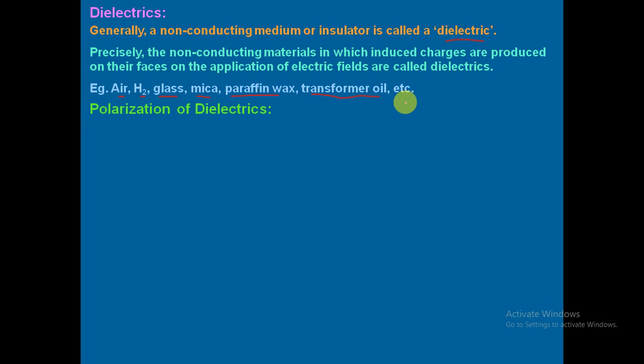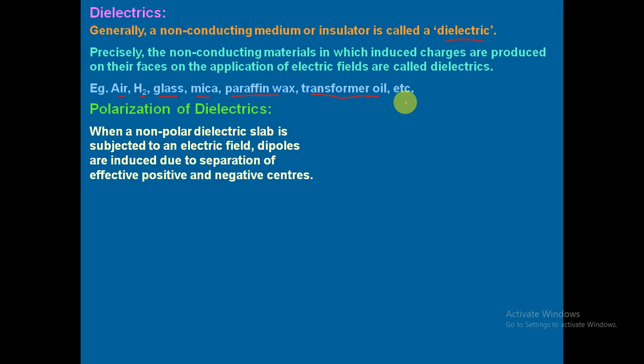Polarization of dielectrics. Now when the dielectrics are placed in the electric field, how are they going to get polarized? Let us see. When a non-polar dielectric slab is subjected to an electric field, dipoles are induced due to separation of effective positive and negative centers.